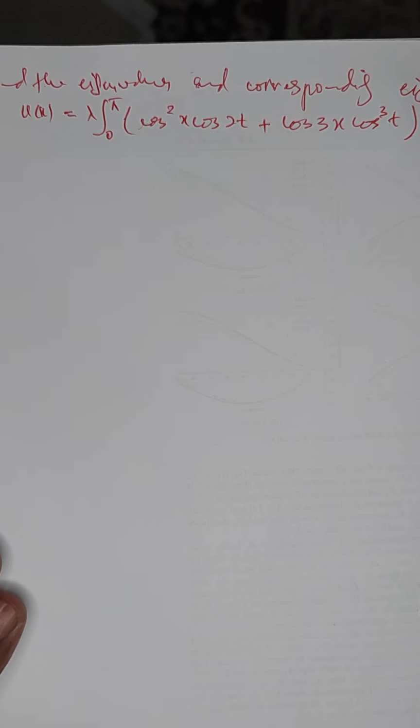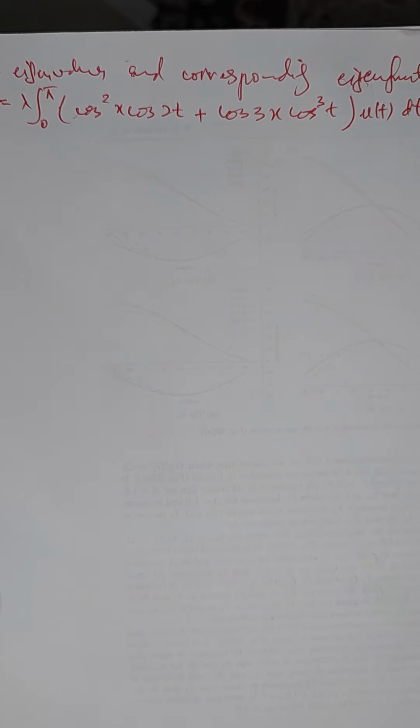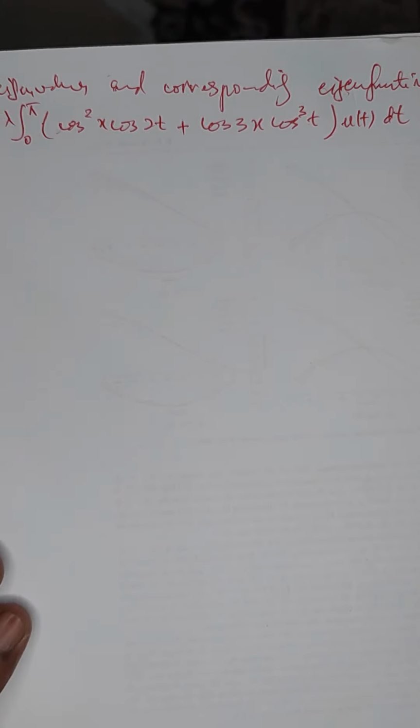Okay, so you have ux equal to lambda 0 to pi cos squared x cos 2t plus cos 3x cos 3t ut dt. So that's the equation given.